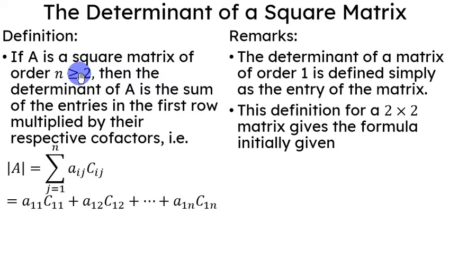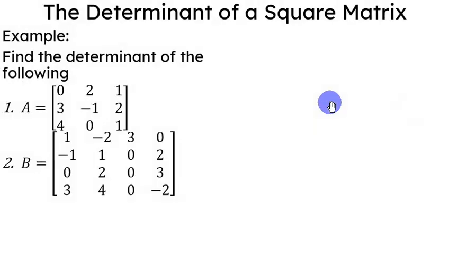If your matrix is of order 1, the determinant of that matrix is simply the entry of the matrix itself. This definition as well leads to the initial formula that was given to find the determinant of a 2 by 2 matrix. So, let's use that definition to find the determinant of the following matrices.